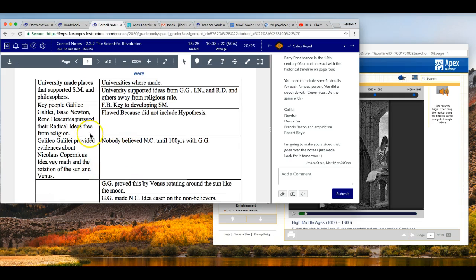For this one, you said that key people pursued their radical ideas free from religion. You could say something like scientists pursued their radical ideas free from religion, and then list their names here. And of course, you could use the abbreviations that you've already designated at the top of the notes.